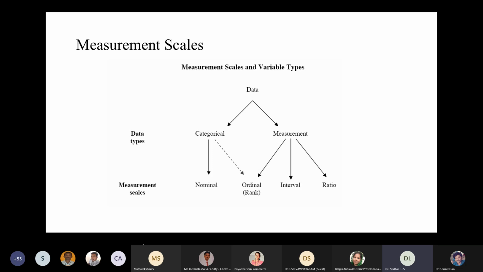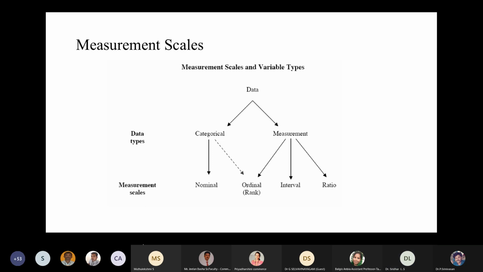Whereas the ordinal has a ranking, like first rank, second rank. First rank is the person who has reached the superior level. Second rank is the second highest person, next to the first rank person.